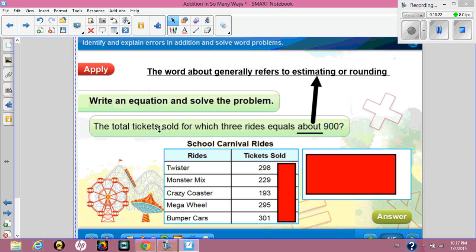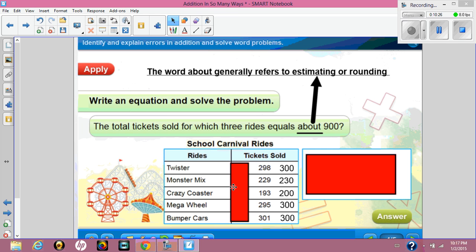So I have rounded these numbers to the nearest 10. See how I did. So using our method that we discussed in the rounding tools, if you look, there are 3 of these rides that equal 300, and 300 plus 300 plus 300 is 900.